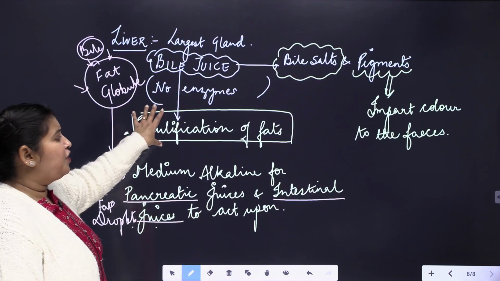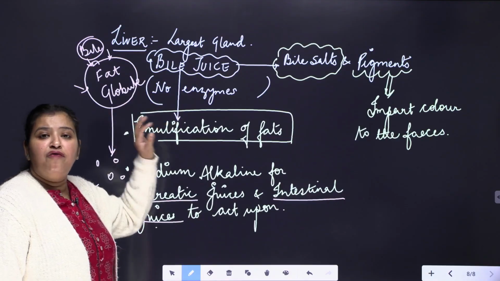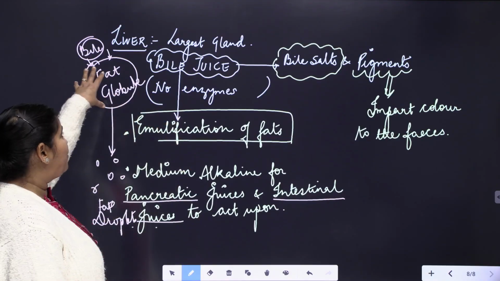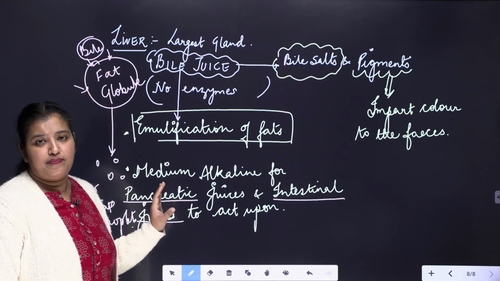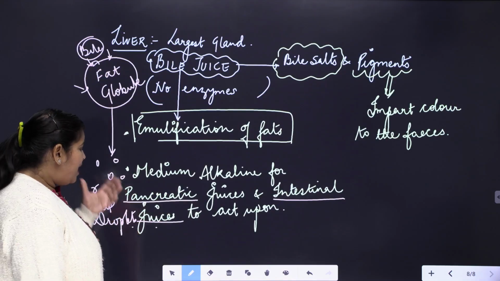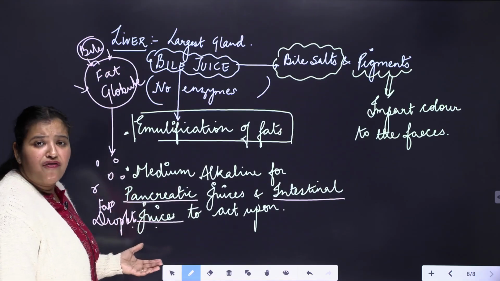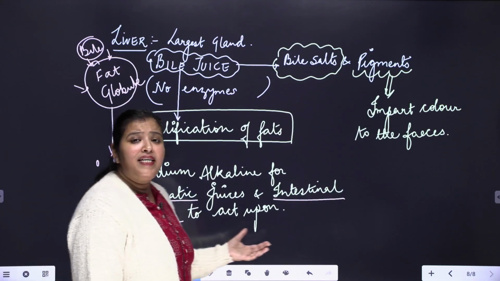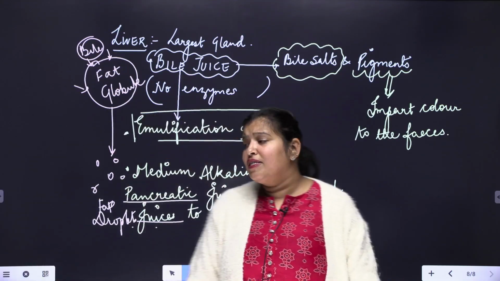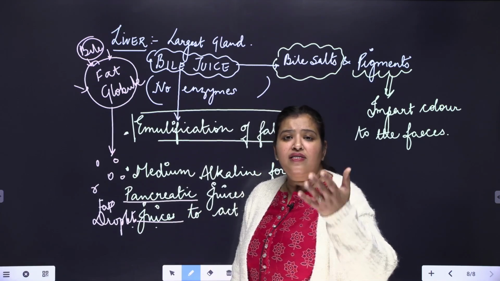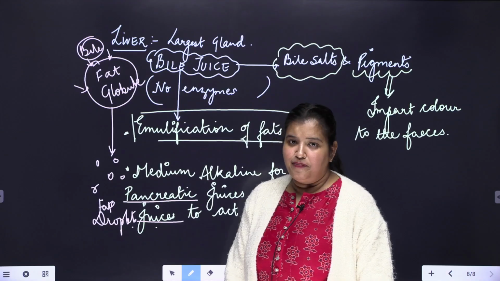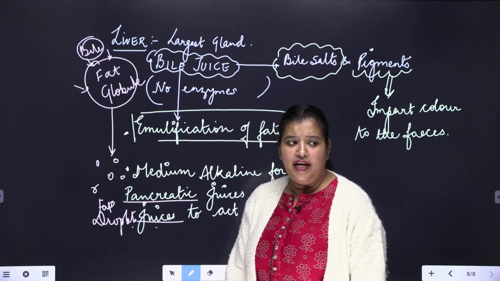So, emulsification of fat means conversion of a large fat globule into small fat droplets. And this helps in increasing the surface area for the fat digesting enzymes present in the pancreatic and intestinal juices to digest the fat further. I hope I am clear till here.